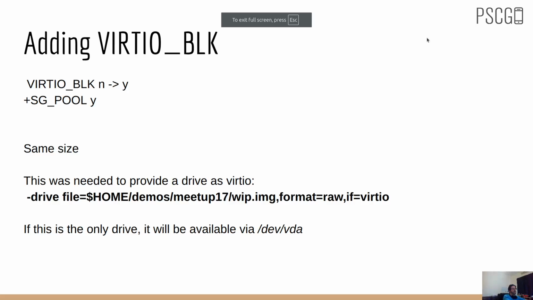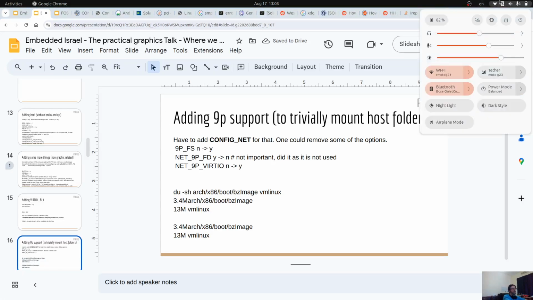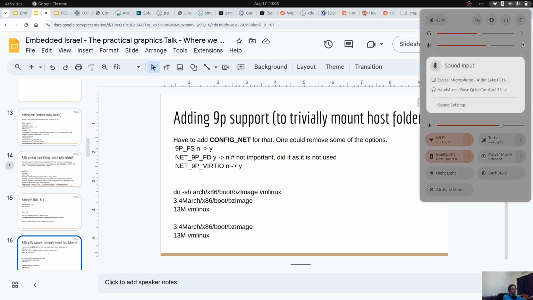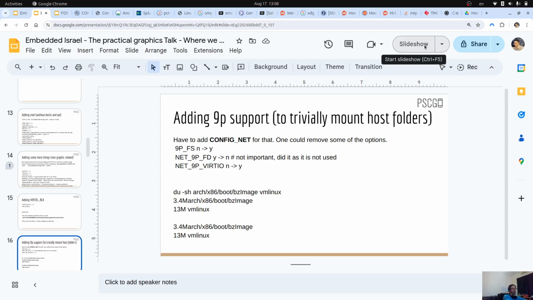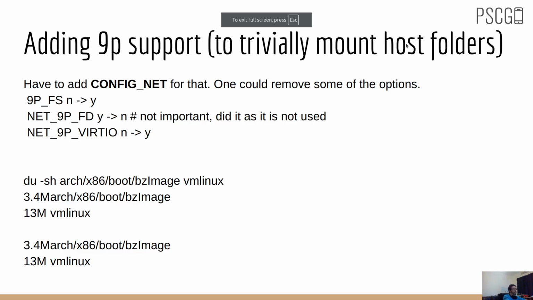And I want to see even the volume, because we had a problem with it in the past, didn't we? Yeah, seems so. And then there was another thing: if you wanted to add 9p, we actually needed to add config net. So here we add 3.4, which is more than 1 meg.